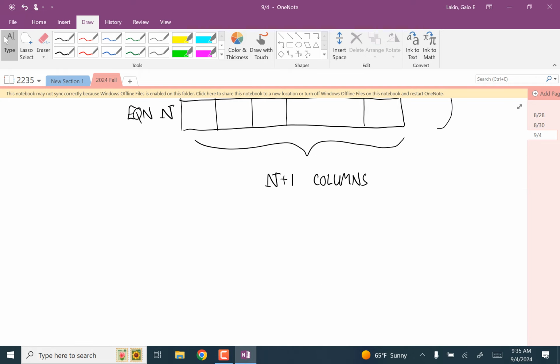But now the third step is run the program RREF, and every TI calculator has a version of RREF. You'll do that on this augmented matrix.